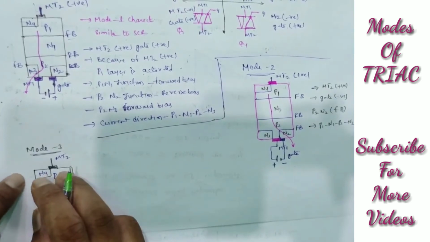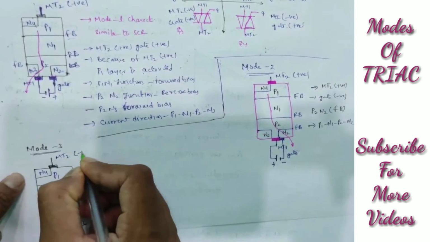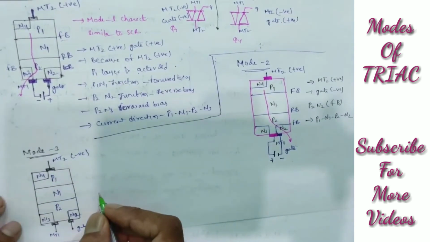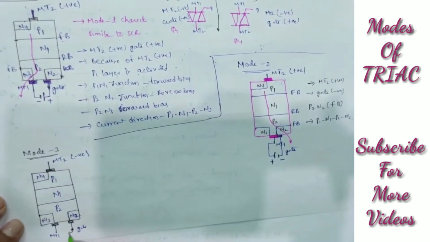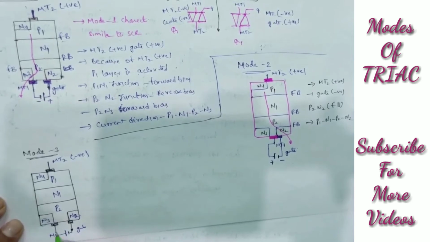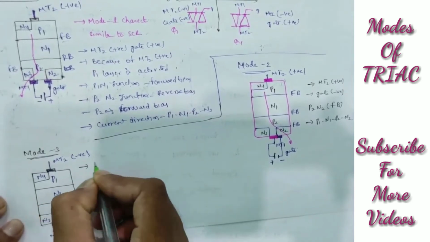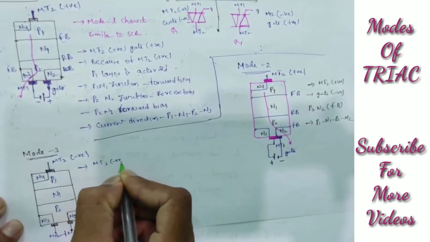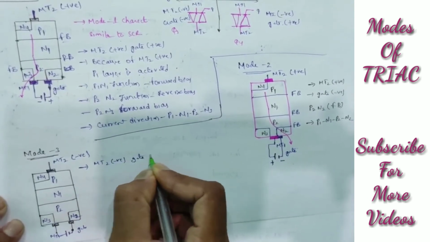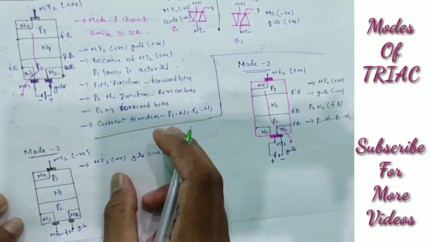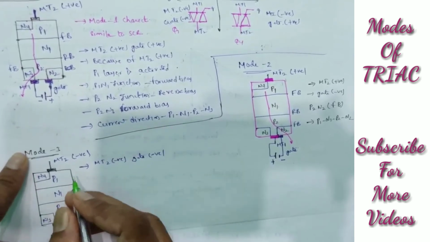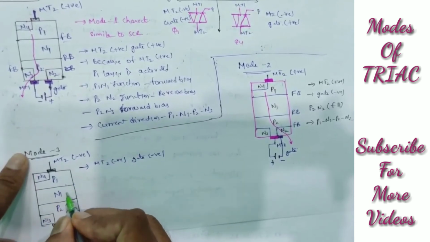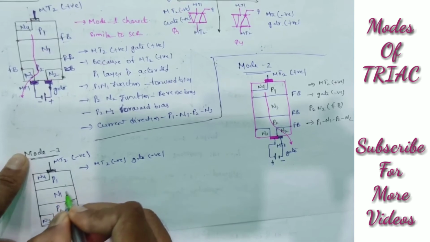In mode 3, what we said, MT2 is negative, whereas gate is also negative. In this case, MT2 is negative, gate is also negative. So in this case, P2 N1 is activated.